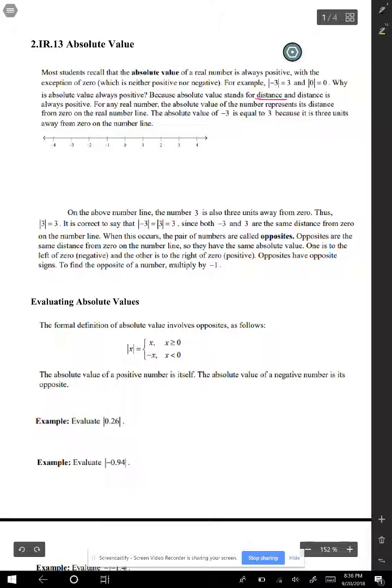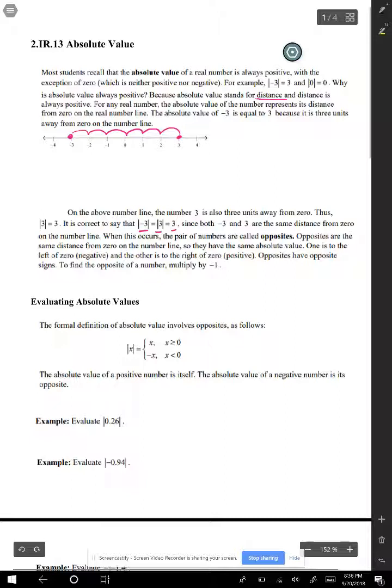So if we look at -3, that would be 1, 2, 3 units from 0. If we look at +3, that's also 1, 2, 3 units from 0. Because of that, the absolute value of -3 is the same thing as the absolute value of +3, which is just 3.